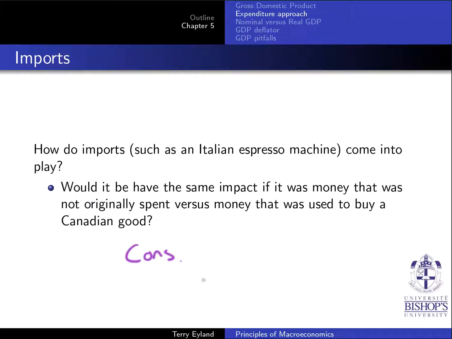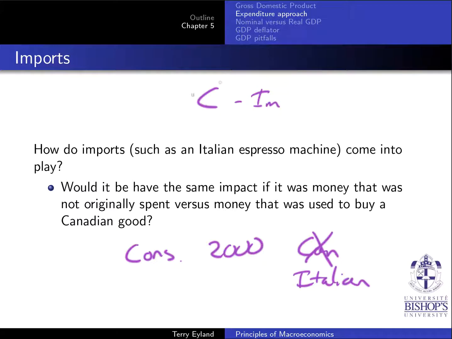But if that consumption was initially spent on something else, so let's say this machine cost $2,000, well, it was spent on a Canadian good, and now it's no longer spent on a Canadian good, it's spent on an Italian good. Well, that consumption amount, since we consume 2,000 in both cases, won't change, but now we'll have this import amount of 2,000, which we saw in that equation, that we have consumption, but later on in the equation we have negative imports. So it's going to lead to GDP falling because the consumption part will not change, but the import part will.